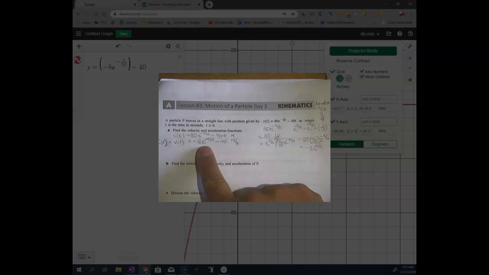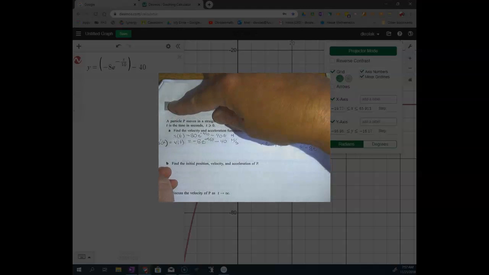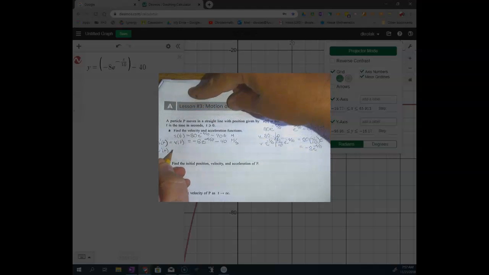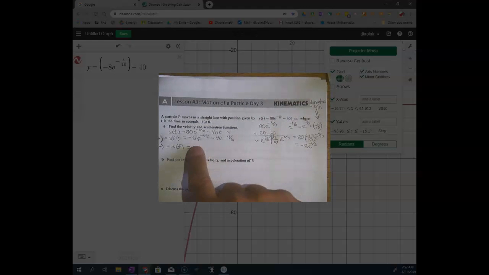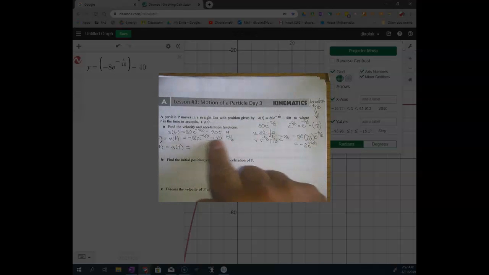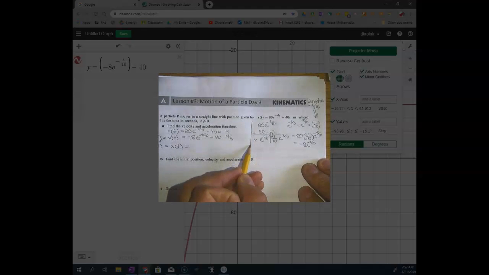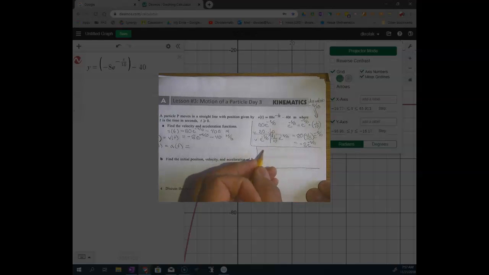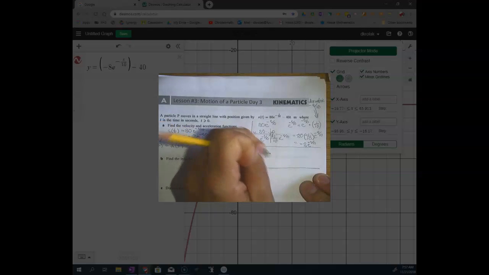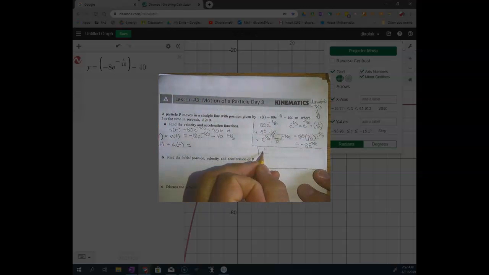All right, now that's our velocity. Now we got to get our acceleration, which is the derivative of the velocity. So now you're doing the derivative of this term. It's going to be just like this, except for 80, you're going to have negative 8. When I do the derivative of that, if I follow my rules, negative 8, its derivative is 0.